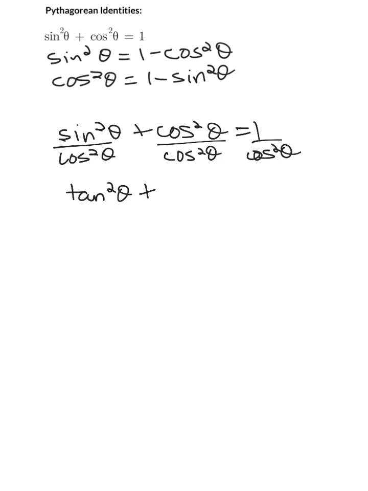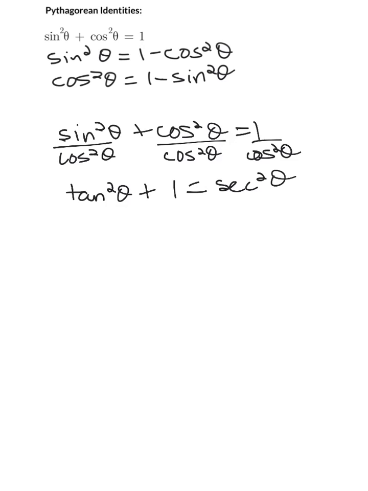Cosine squared over itself is 1, and 1 over cosine squared, remember that's the reciprocal of cosine, would be secant squared of theta. So this is our second possible Pythagorean identity.